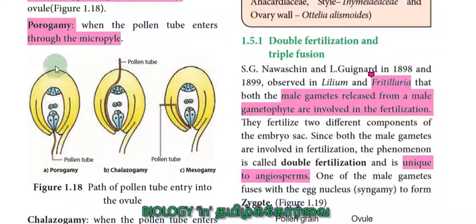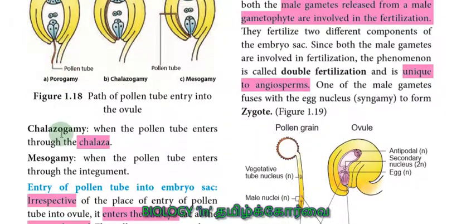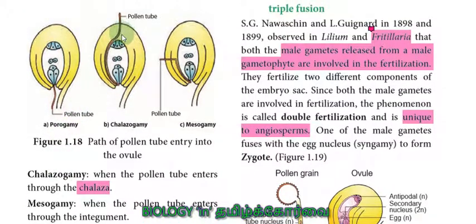Whether it is porogamy or chalazogamy or mesogamy, ultimately the pollen tube enters into the ovule and the embryo sac through the micropyle only. Here it is porogamy because the pollen tube directly enters through the micropyle. Next one is chalazogamy. This part is called the chalaza, the portion of tissue opposite to the micropylar region.